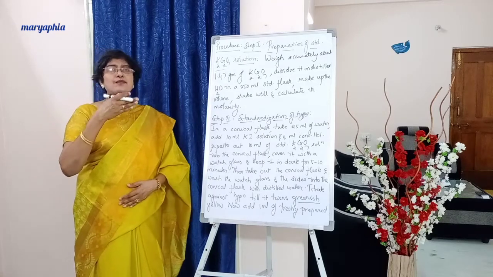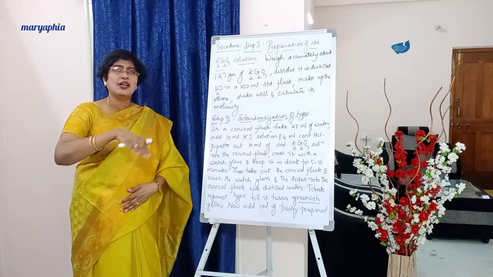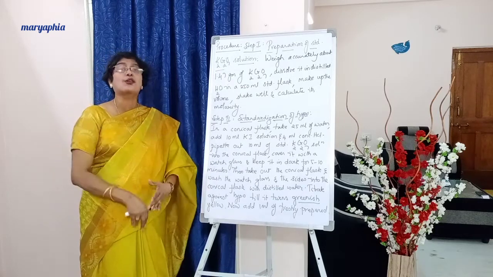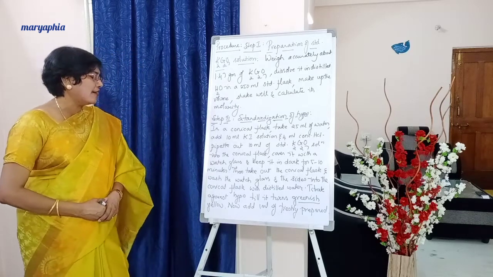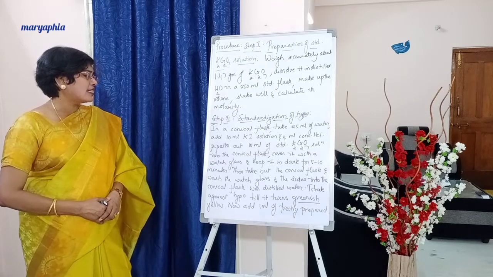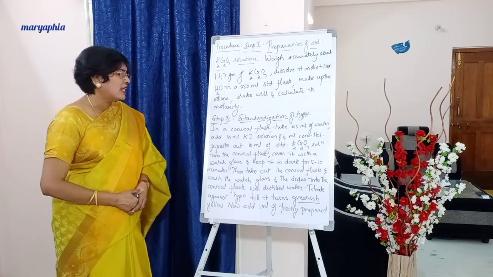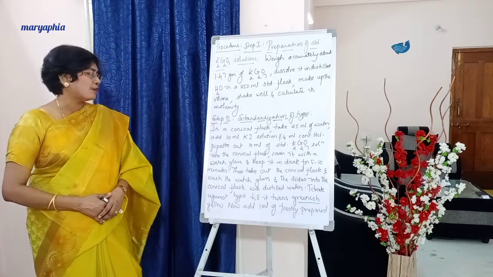So we need to wash the watch glass and also sides of the conical flask, and all that water should drop into the conical flask only, with the distilled water. Full stop.